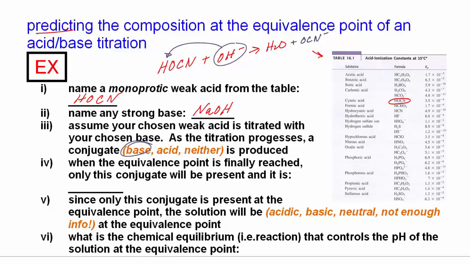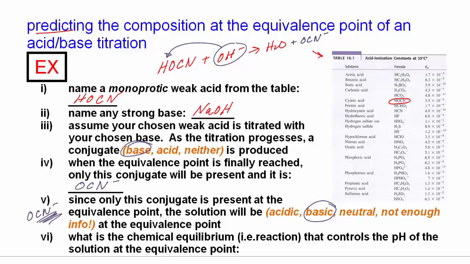When the equivalence point is finally reached, only this conjugate will be present, OCN negative. Since only this conjugate is present at the equivalence point, the solution will be what? So the solution has to be basic, because all that's present is OCN minus at the equivalence point. All the HOCN is reacted up.